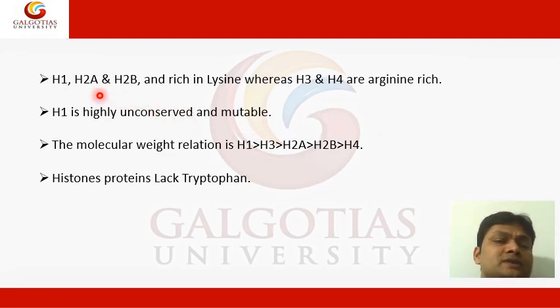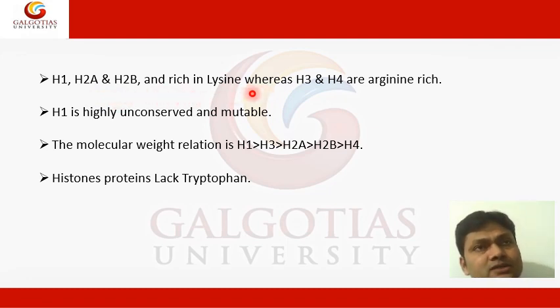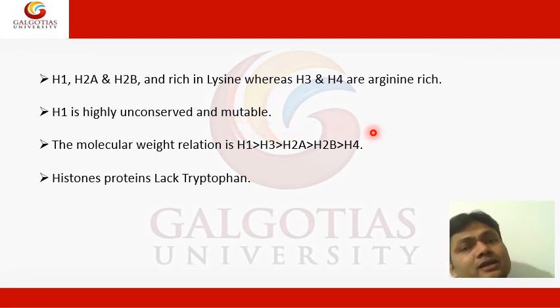Now H1, H2A, H2B are rich in lysine amino acid, whereas H3 and H4 are arginine rich molecules. H1 is highly unconserved and mutable protein, whereas H3 and H4 are very highly conserved molecules.